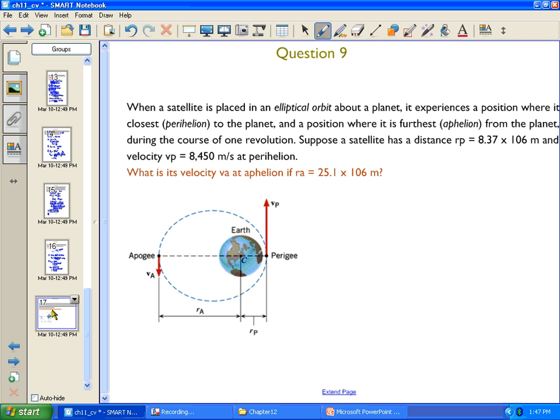Okay, last problem is a Kepler's second law problem. If you recall, Kepler's second law told us that the radius vector that connects a planet with the sun sweeps out equal areas in equal intervals of time.